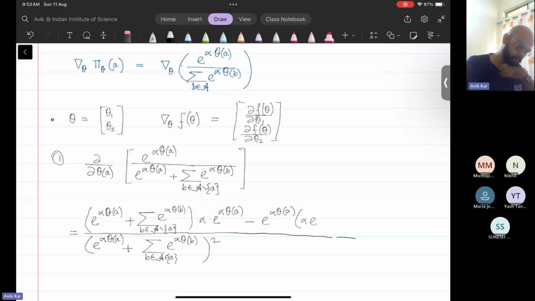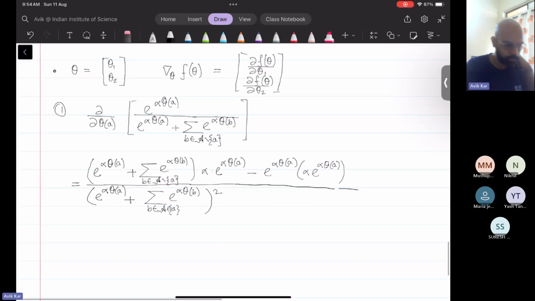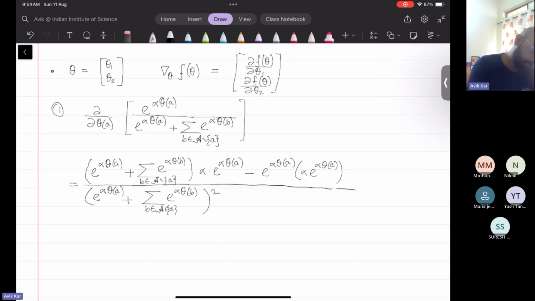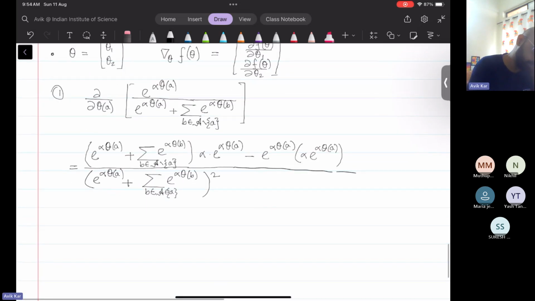So e raised to alpha theta a plus nothing, that is a constant, so its derivative will be zero. Fine. We have to do some simplification.